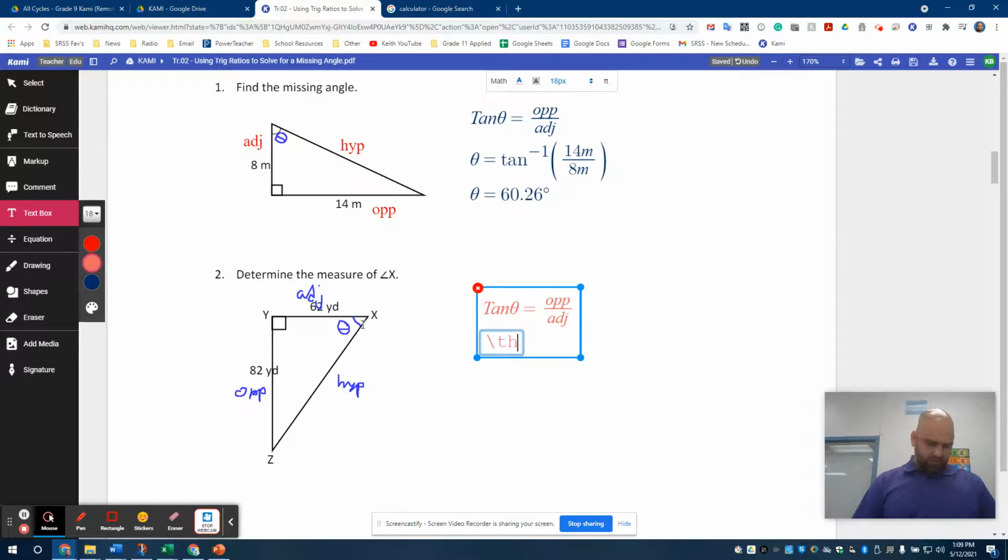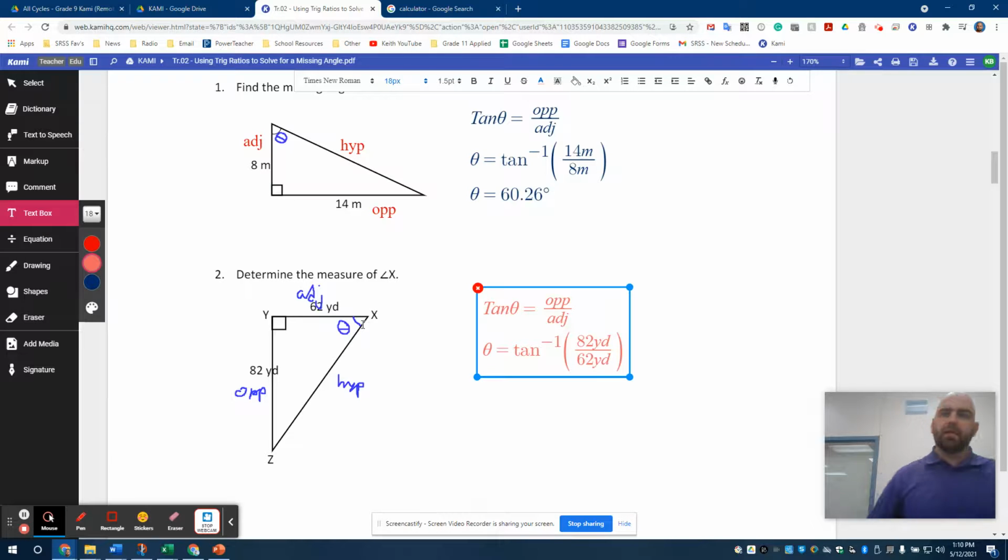Theta is equal to tan inverse of 82 yards over 62 yards. Now again, big numbers don't really mean anything. It just means we've got to type bigger numbers into our calculators.